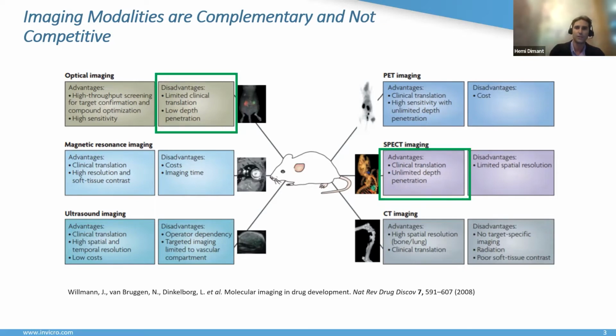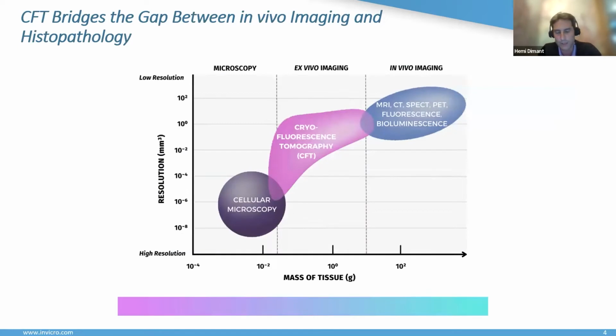Now, if you take all those imaging modalities and you plot them on a resolution to mass of tissue graph, as you can see here, you'll see that the in vivo imaging modalities, bioluminescence, fluorescence, nuclear modalities, allow you to image large sample volumes, so whole animals. Resolution, however, is not high. You're in the kind of millimeter resolution.